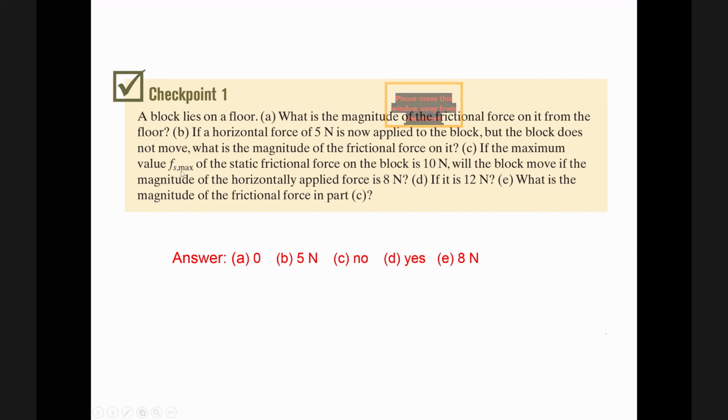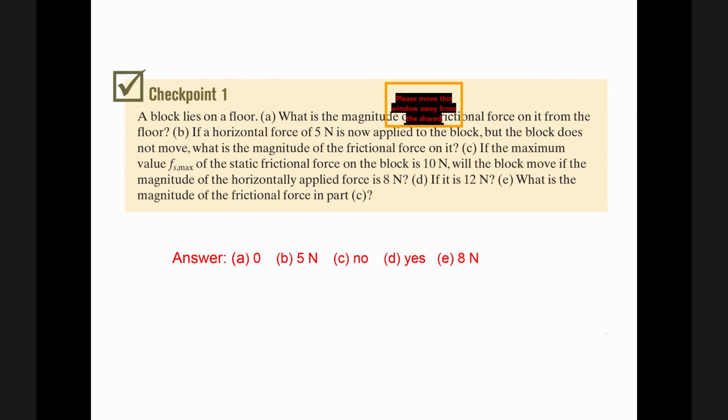Part C. If the maximum value of the static frictional force, Fs maximum, the threshold, the cap your colleague talked about, is 10, will the block move if the force applied horizontally is 8? The cap is 10. This is the Fs maximum. So even if you apply 9.9, the object will not move.